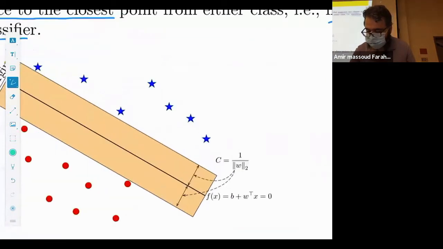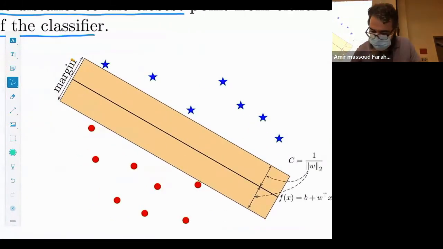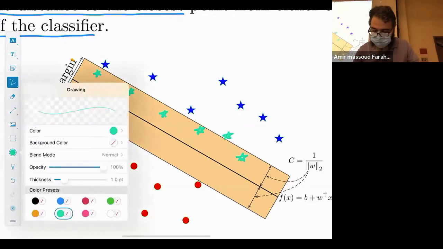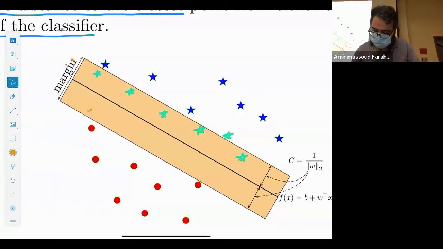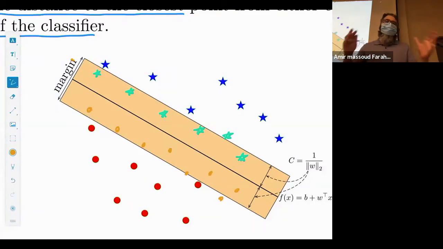So for example, if we have a bunch of other samples, we get data points like that. We haven't seen these things, but they exist.